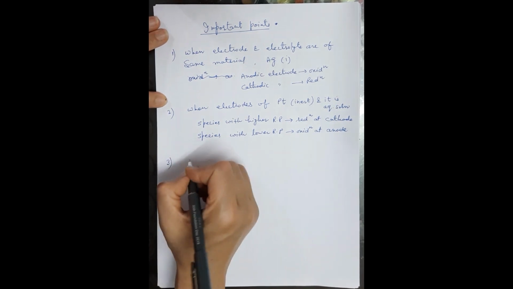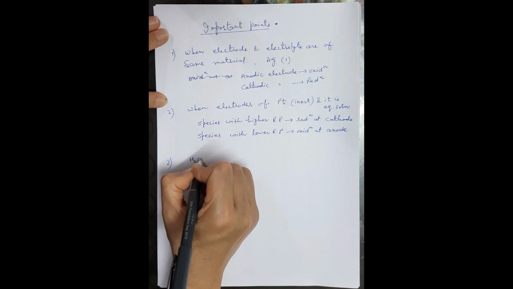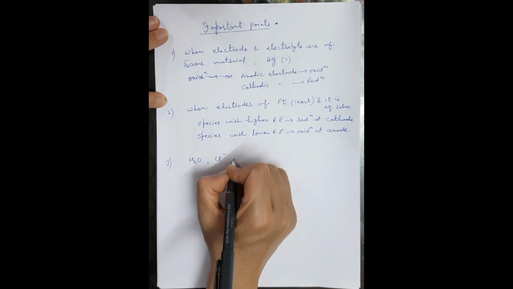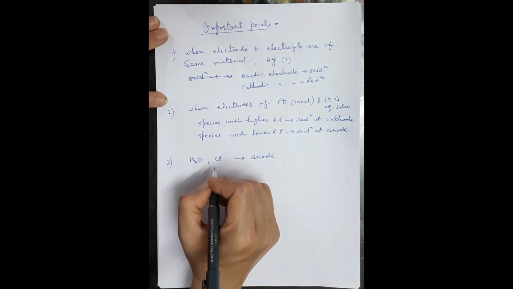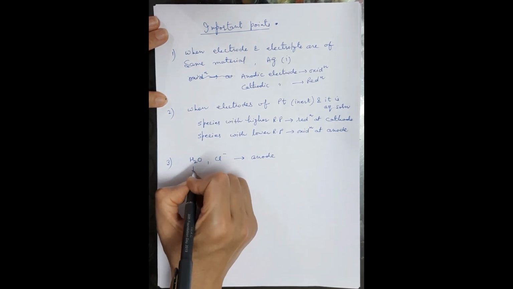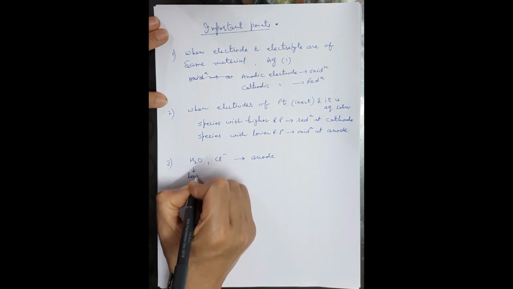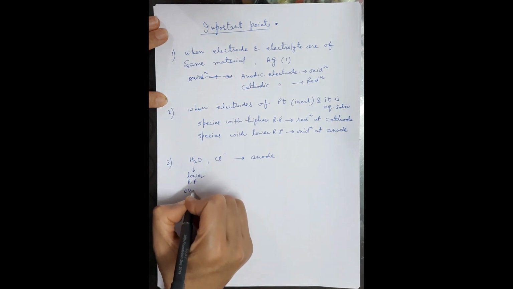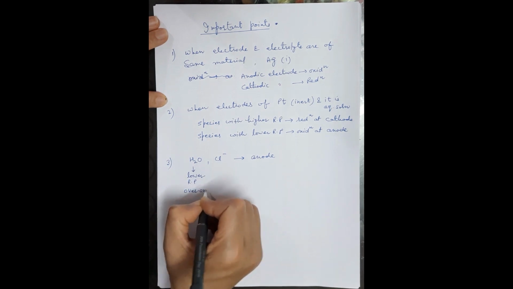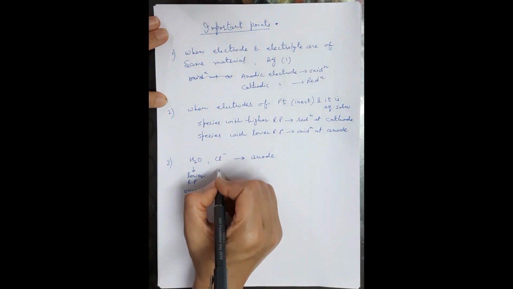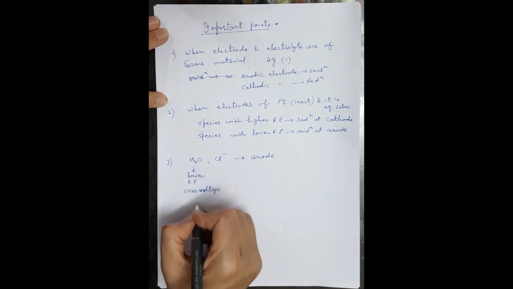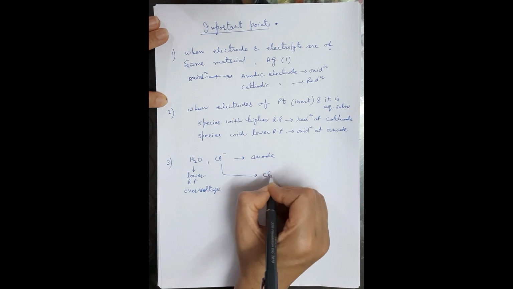And third is the case when both water and chloride ions are present at anode. Then unexpected products are formed. Although in this case water has lower reduction potential, but due to overvoltage which is required to carry out this reaction, its reduction potential becomes lower.